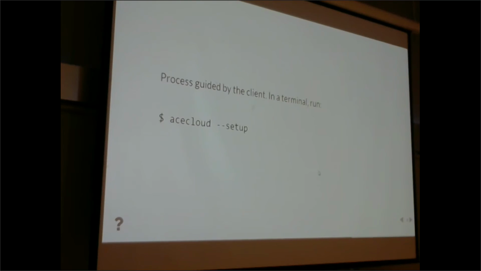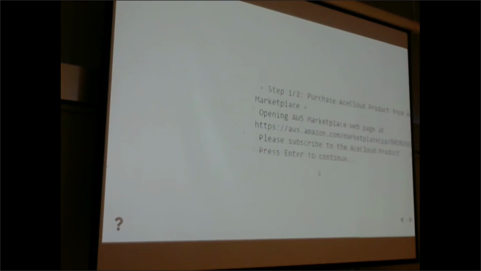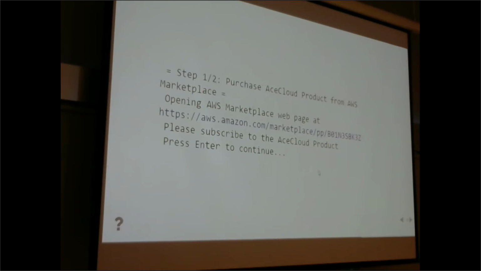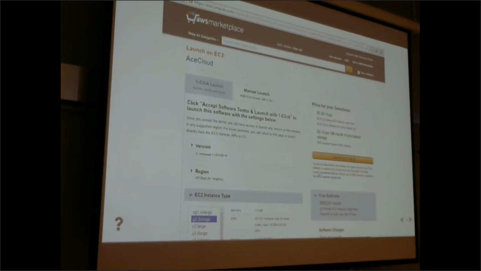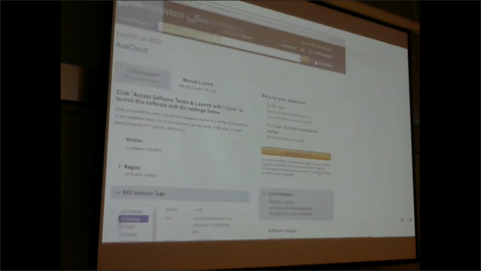So to do those two steps, you need to run AceCloud setup, and that will take you first to this website. Normally, if you run this on the command line, it will open a web browser. This is the Amazon marketplace. At this point, you have to subscribe to our product. Normally, this says click to subscribe, but it's a view of my account and I've already subscribed.